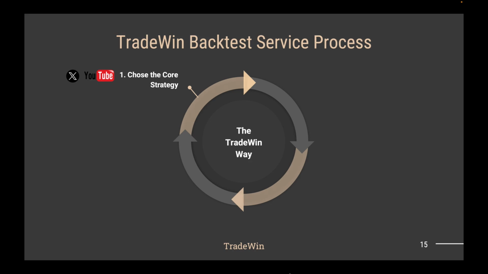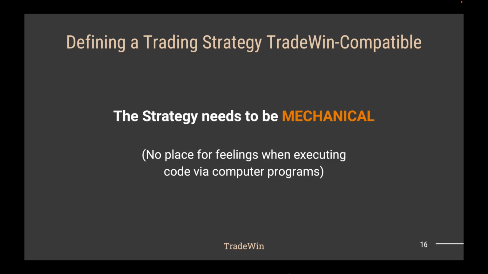But I'm stopping you immediately. What do I mean by a strategy? The strategy needs to be TradeWin compatible, which means that it needs to be mechanical. When I say mechanical, I'm saying that the strategy needs to be clearly defined. The plan needs to be clearly defined and could be written on paper.